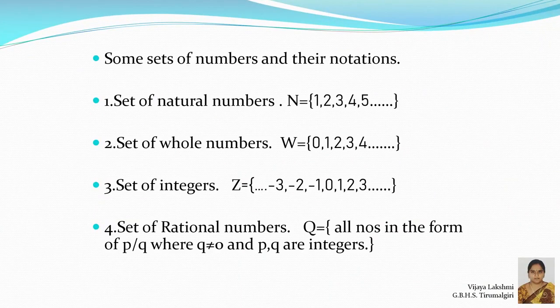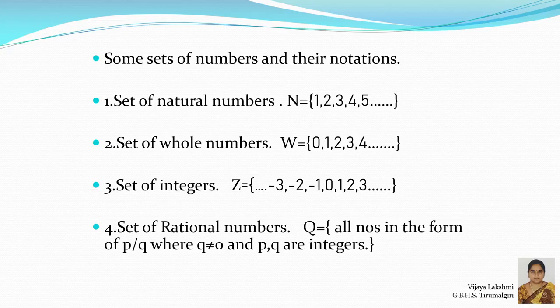Now, there are some sets which have a general notation. We know that natural numbers are denoted with N, whole numbers with W, integers with Z and set of rational numbers with Q. So, when I say set of natural numbers, we write it as N = {1, 2, 3, 4, 5 and so on}.